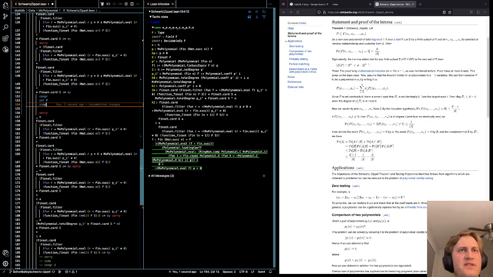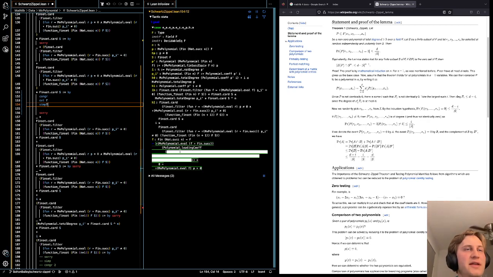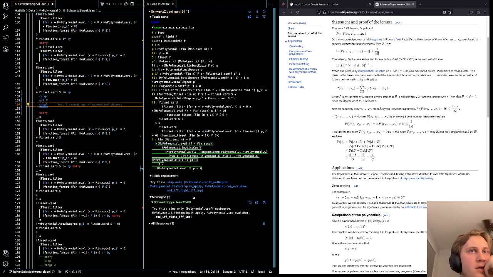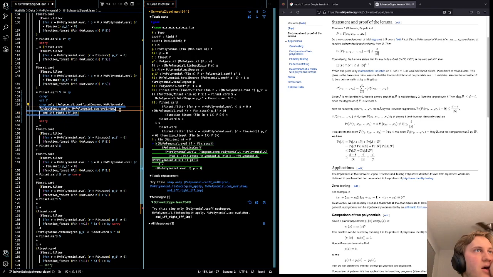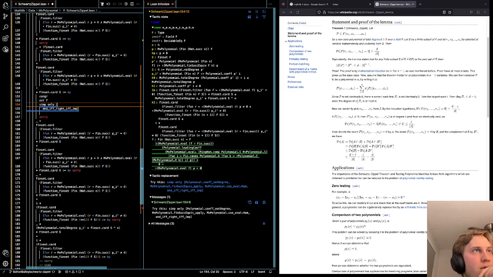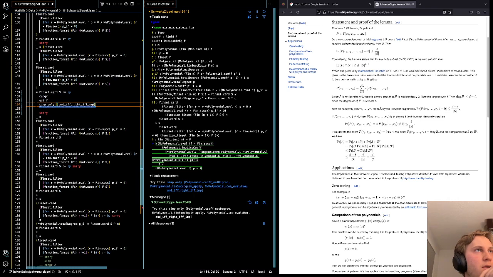Ooh. Okay. Wait. I've simplified too much. What is simplify doing? I just wanted the logical simplification. I think all I want is the and-iff, iff_imp. Let's just do that.